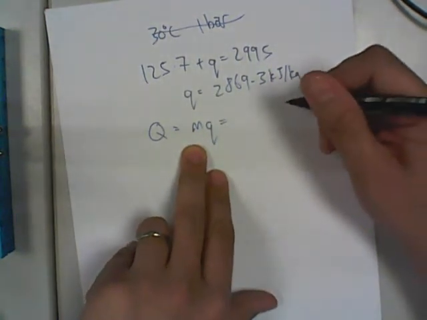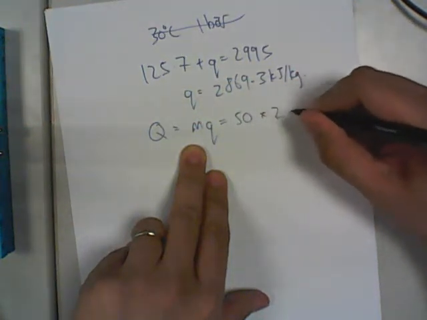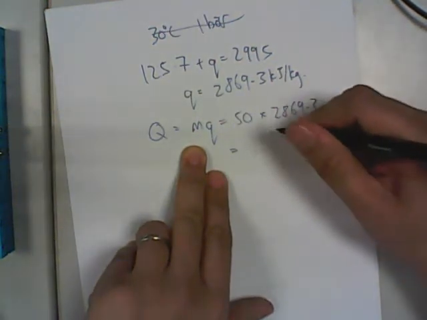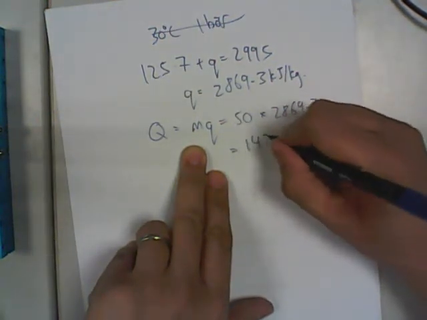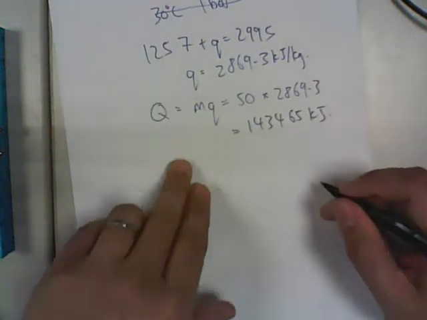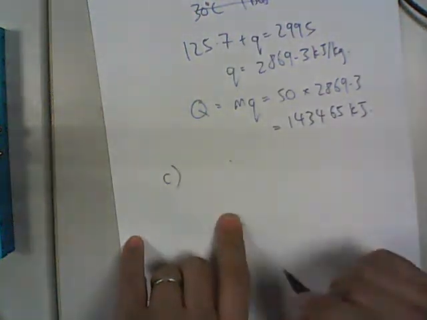Okay, so this is 50 kilogram. Then you just multiply by the small q. You will be able to get 143,465 kilojoule. Alright, so this is the answer for part B.